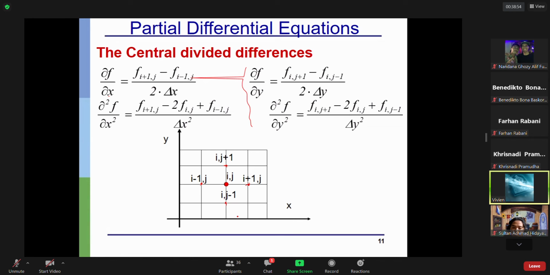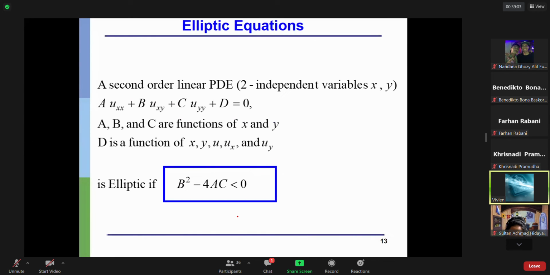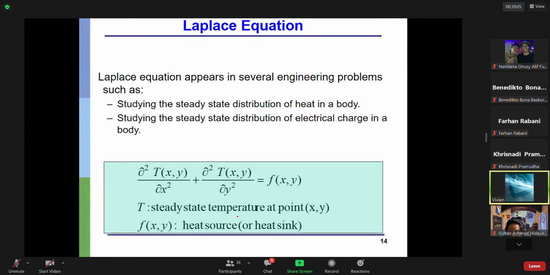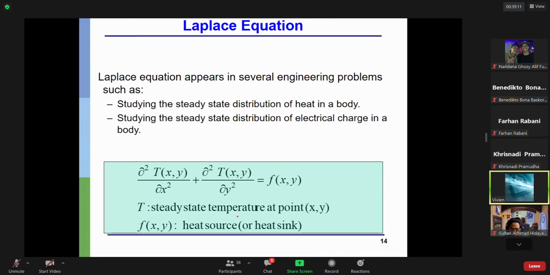So this is the central divided difference that we can use to substitute the derivatives that appear in the elliptic equations. This is again about the elliptic equations, where the value of b squared minus 4ac is lower than 0. The example here is the steady state distribution of heat in a body.